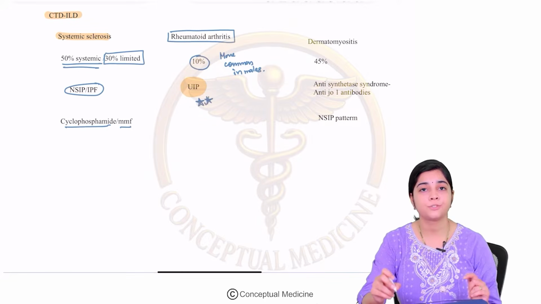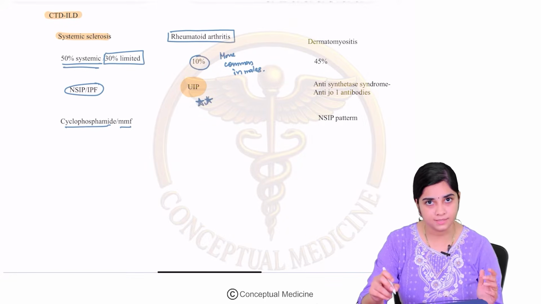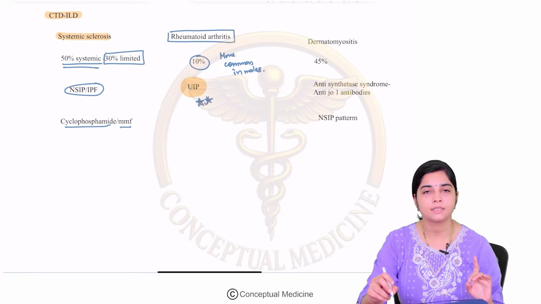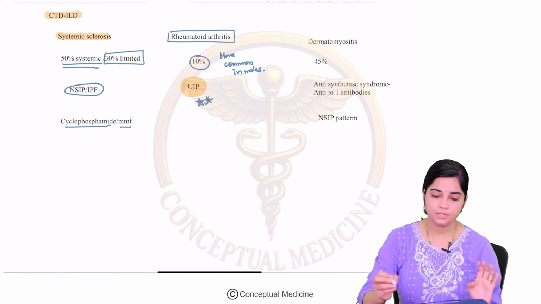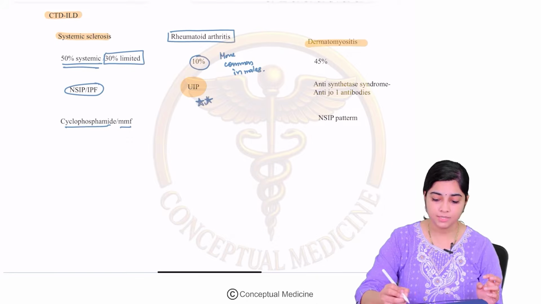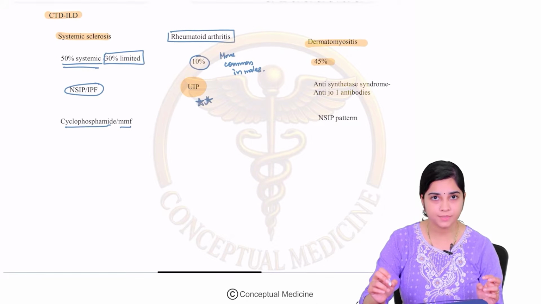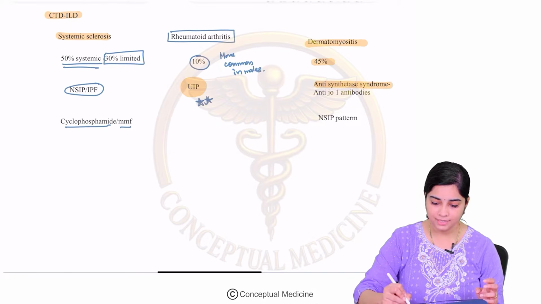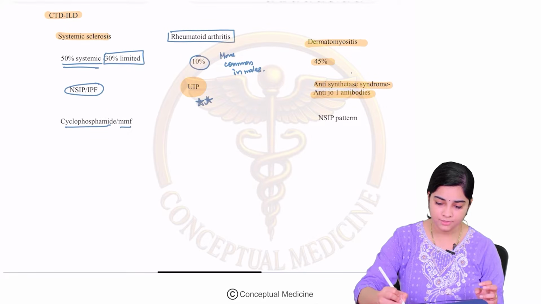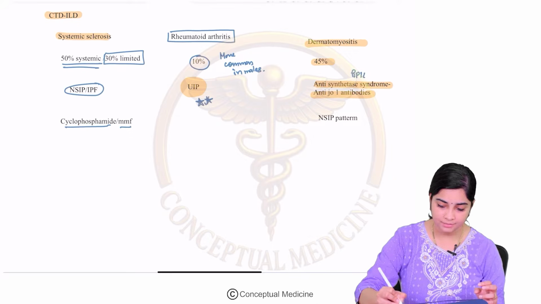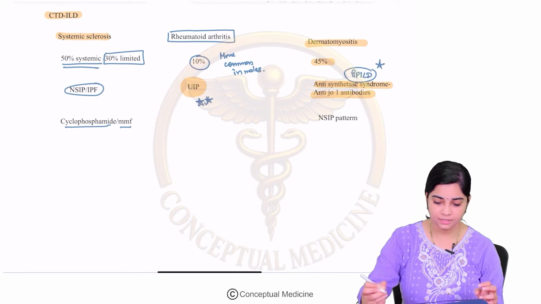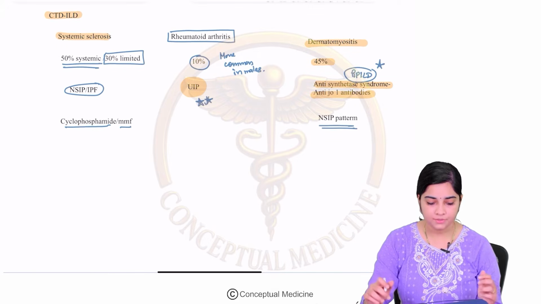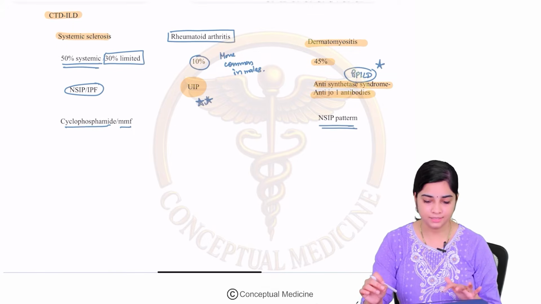Most of the connective tissue disorder related interstitial lung diseases have an NSIP pattern; RA-ILD has a UIP pattern. The next connective tissue disorder, dermatomyositis, is associated in 45%, right? Then we have learned about anti-synthetase syndrome and anti-Jo1 antibodies, which are associated with rapidly progressive ILD, RPI. The pattern is an NSIP pattern. Clear? So this is about the various CTD related ILDs.